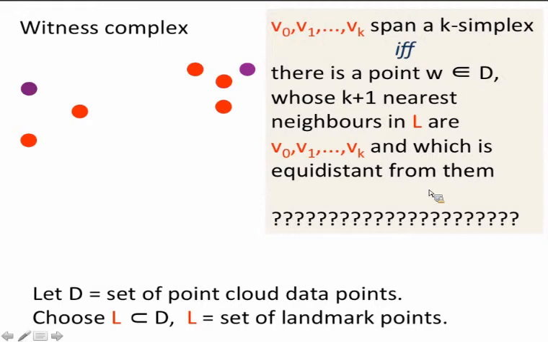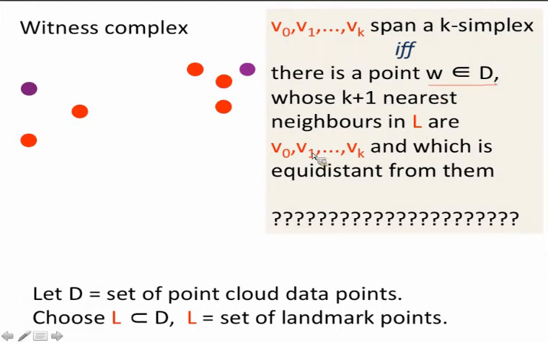That would be the straightforward generalization from the Delaunay triangulation. That's exactly what we wrote for the Delaunay triangulation. The only difference is that my W was in R^n. Now I'm restricting it to my data set.